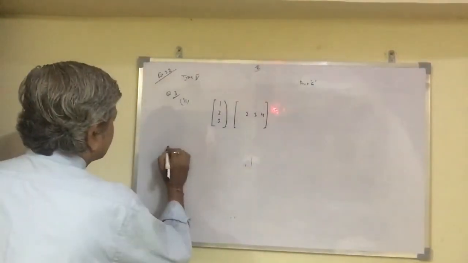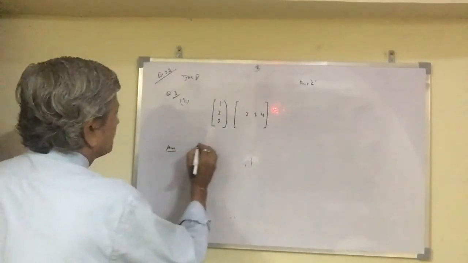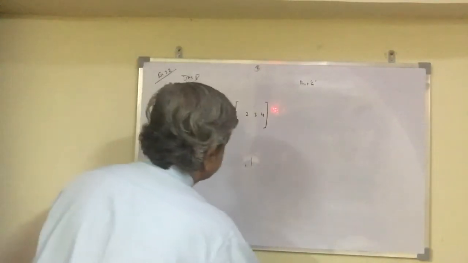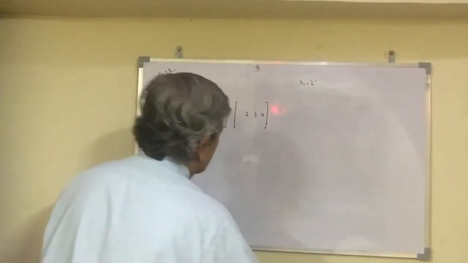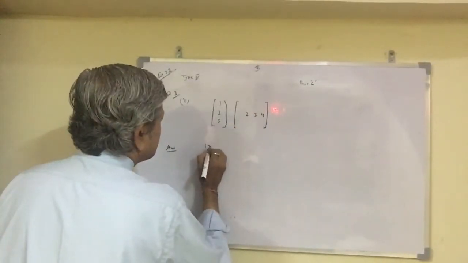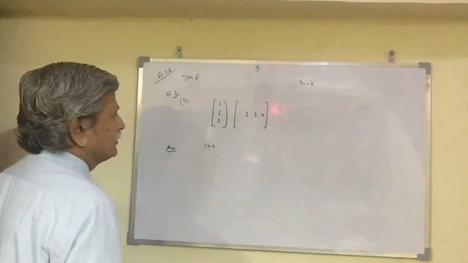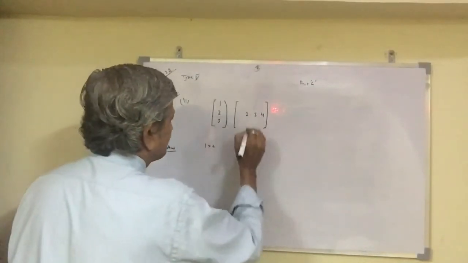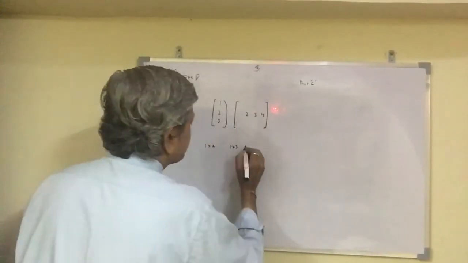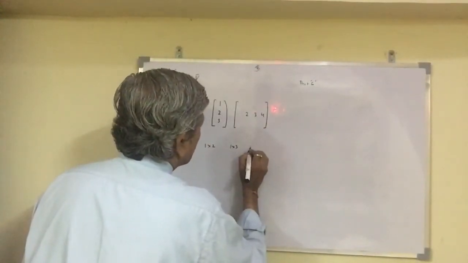Your answer again will be, you write like this: first row with first column. So you have 1 into 2, right? Then first row with second column, so 1 into 3, then first row with third column, so it will be 1 into 4.